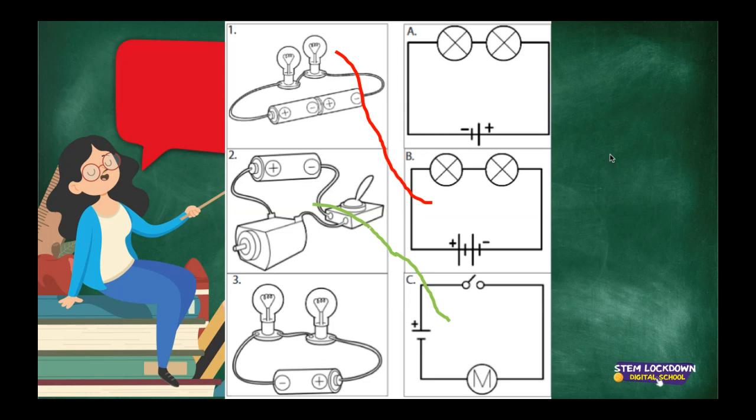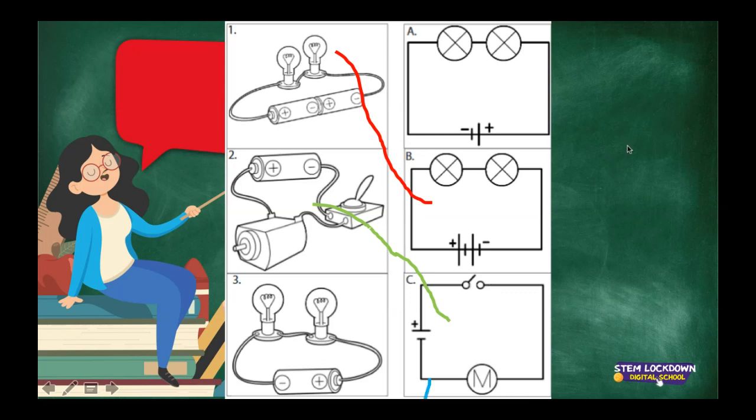So 2C has a battery: positive, big line, negative, small line. There is a motor, which is shown by a circle with an M in the middle, and there is a switch. Because that switch is open, that little line goes up, just over here where my mouse is. If it was closed, this line would have been completely straight.